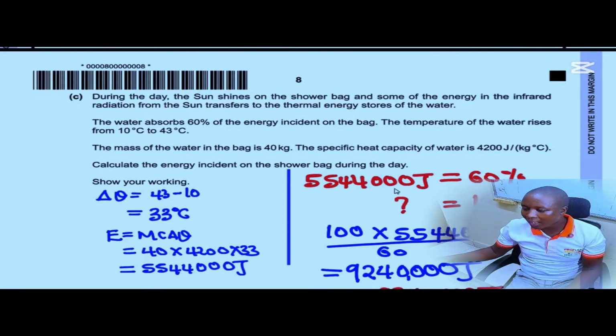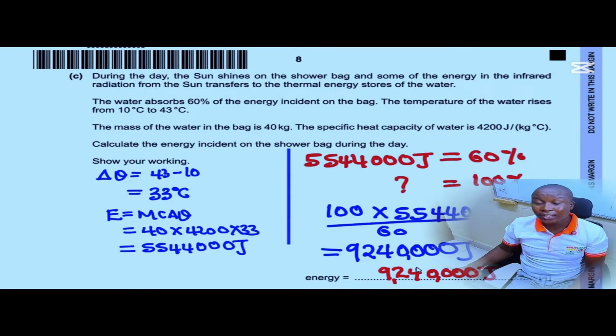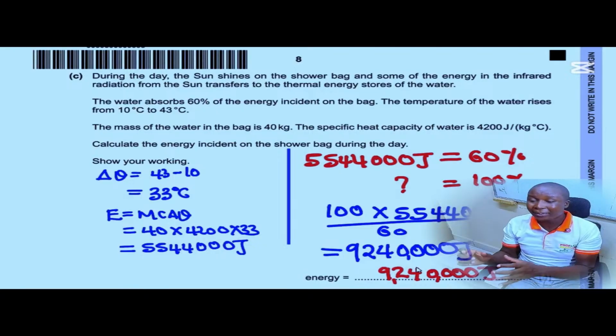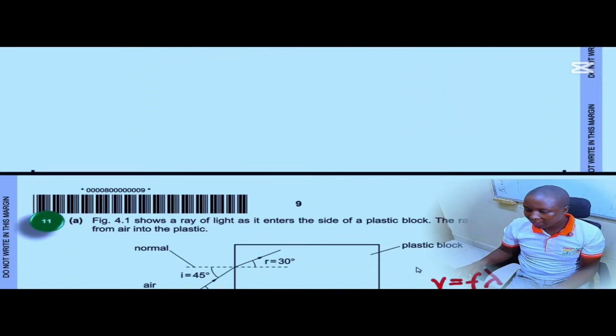So how do we work out the 100%? We shall have 9,240,000 joules of thermal energy applied, but only 60% of that was absorbed. So I believe that's okay up to that point.